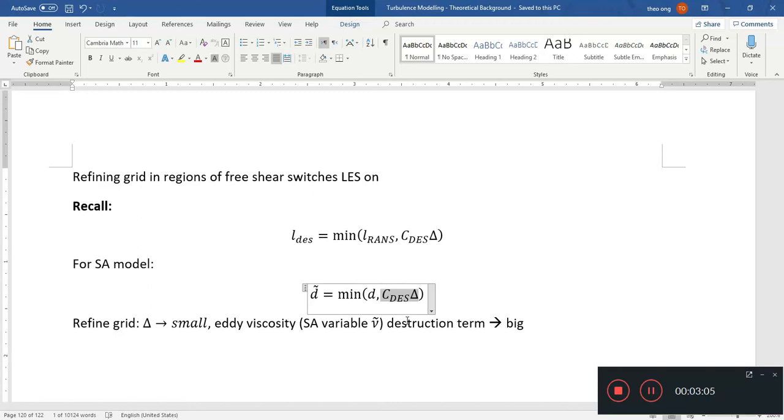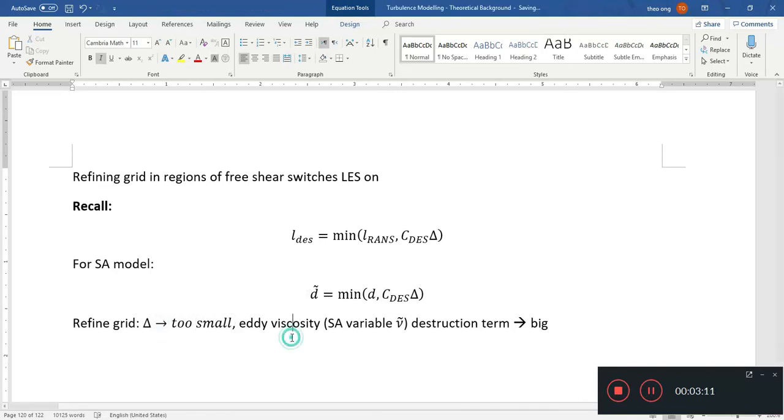If your delta isn't too small. But if your delta becomes too small, the destruction term for the Spalart Allmaras variable nu tilde becomes really big, and it almost becomes like a DNS mode. DNS mode means no turbulent viscosity.